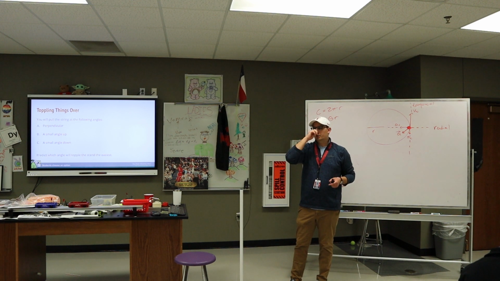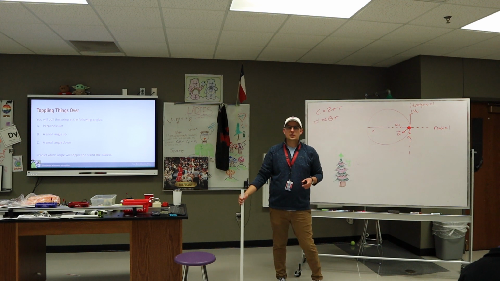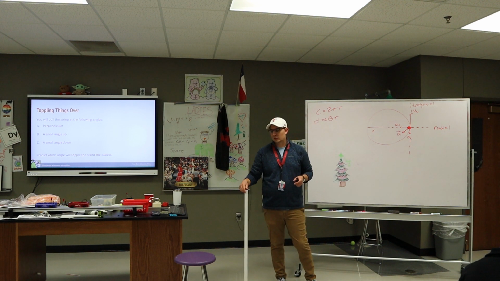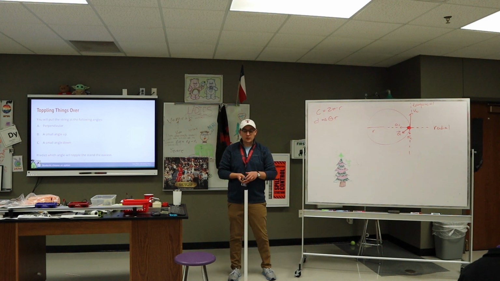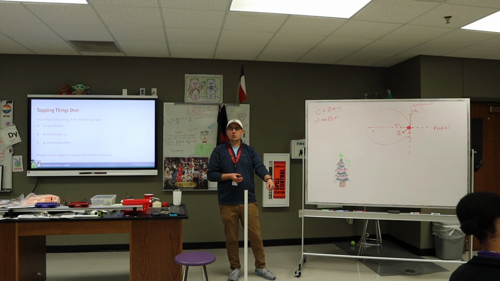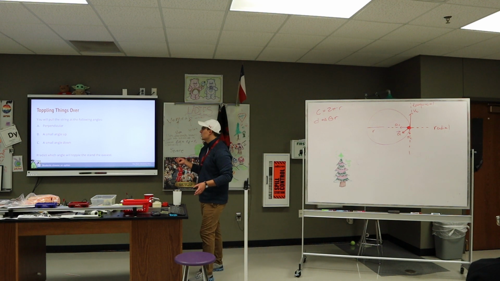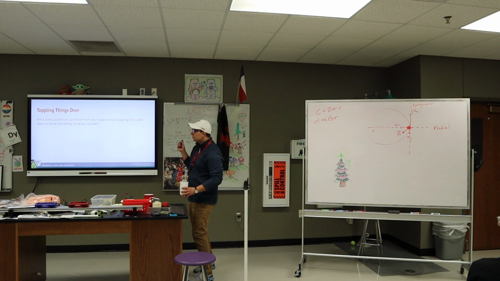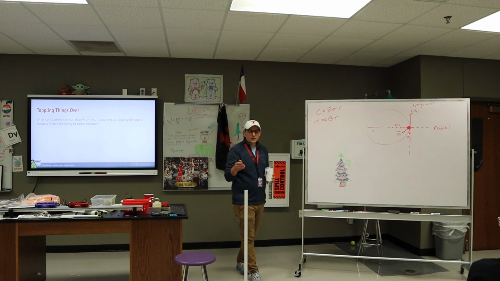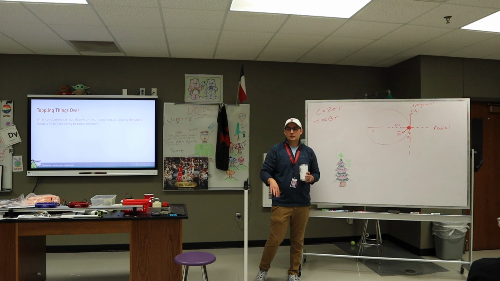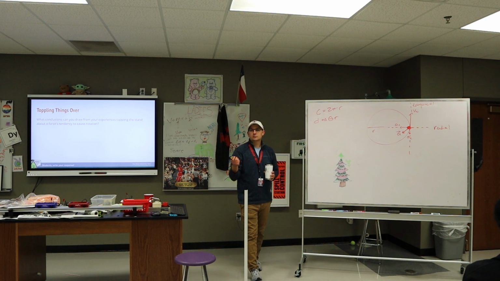Normally I take strings and tie them onto these and have you try to pull them over, changing the angle. And then you can feel it's really easy when you're perpendicular to the lever arm. It's really hard when you're not. So the takeaway there is that the angle at which you pull the thing affects how hard it is to rotate it. Does that make sense?